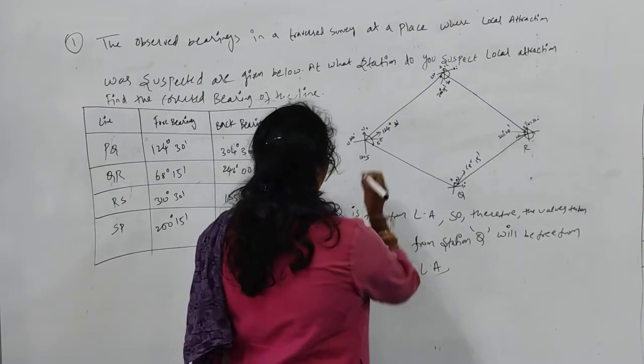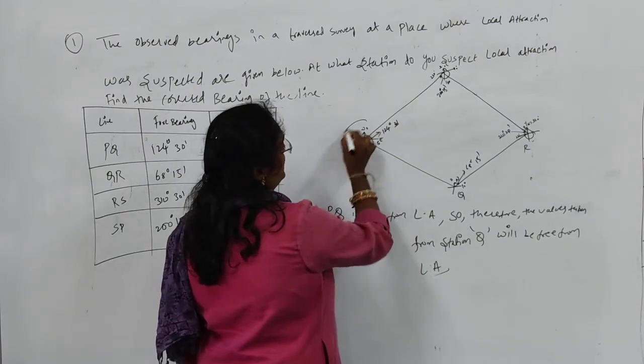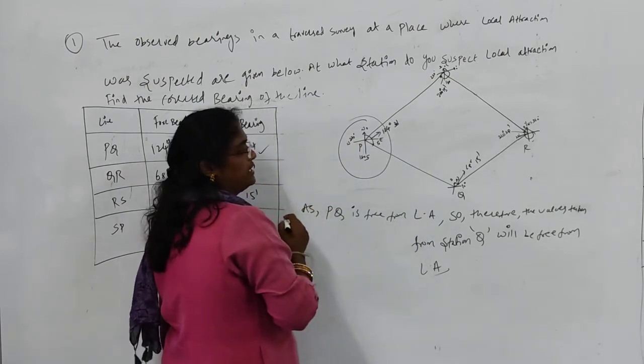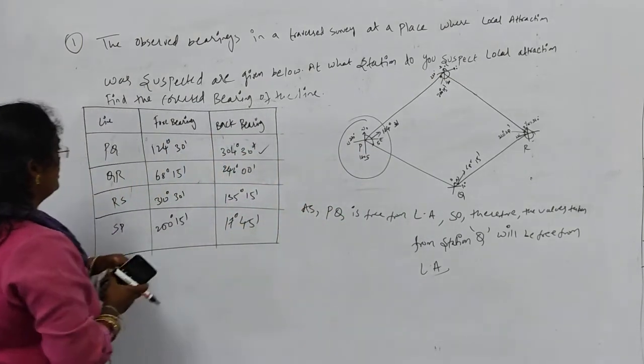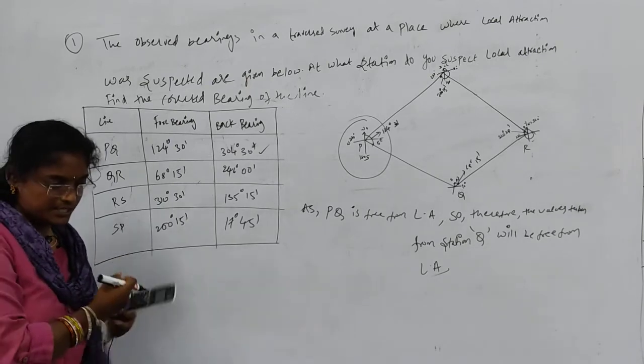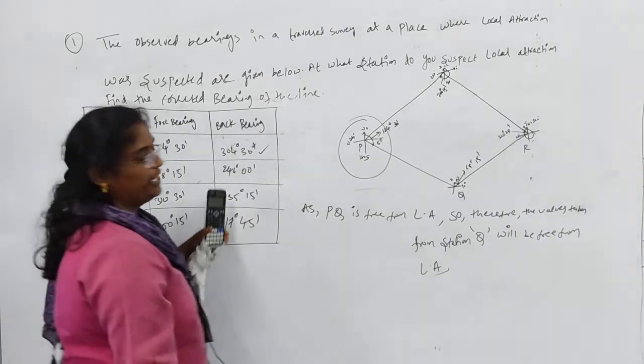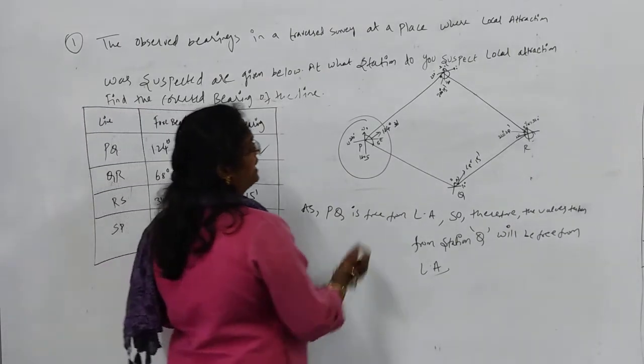So see here is the station P, here is the station Q. So what I am telling, whatever the PQ is there, obviously that is 180 degrees. So automatically this station is free from local attraction.